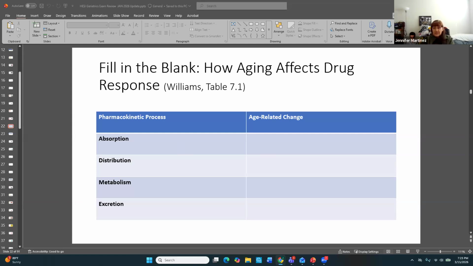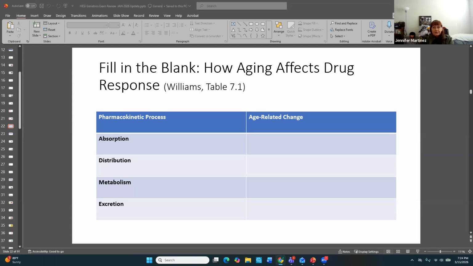Or distribution, metabolism, excretion, any of those? You say the rate of absorption may be altered. Okay, absolutely. So the rate of absorption can be altered.